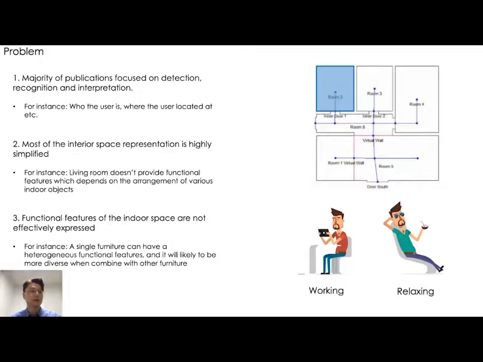The second issue is that the spaces studied are very, very simplified. There are no features of the space. For example, you wouldn't know the color of the wall, and you don't know where exactly this table is located, right?